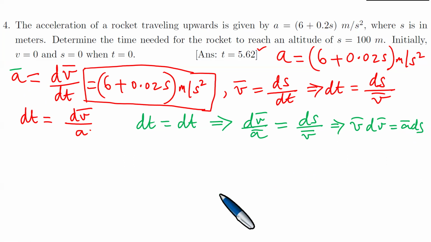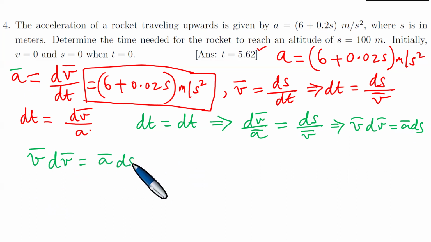This equation becomes very useful for us, and that is the one we need to use. So we have v dv equals a ds.